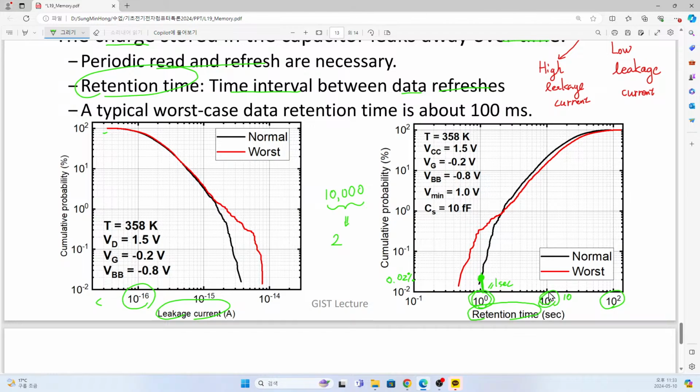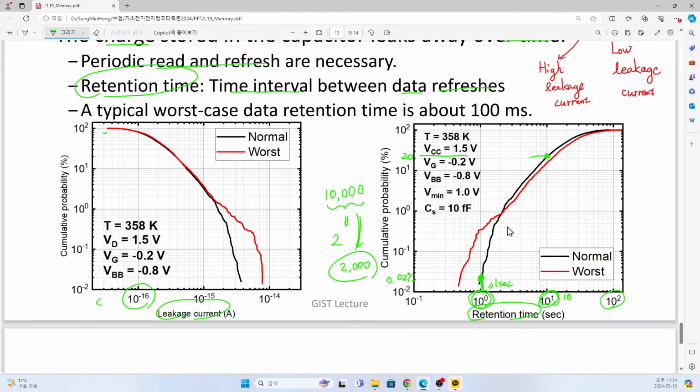And if we go this way, here we have 10 seconds, and it corresponds to, for example, 20%. If we have 10,000 samples, then actually 2,000 of them have a retention time shorter than 10 seconds.